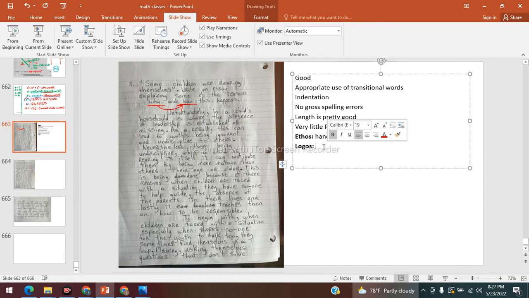So the only thing we could say is they have one good point. Only one. Because I think when they say the absence of parents causes them to raise themselves, I like that. That's a good point. You could make a serious case with that. One good point on the absence.